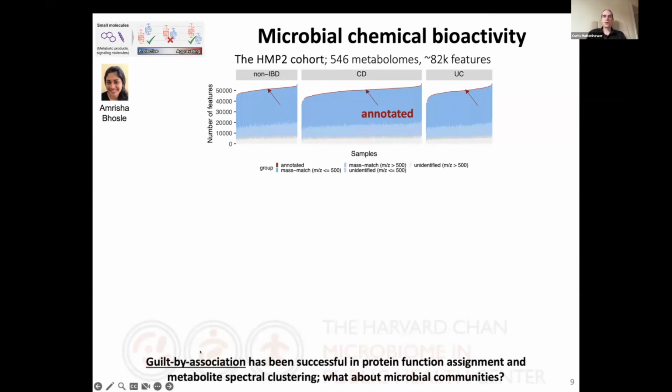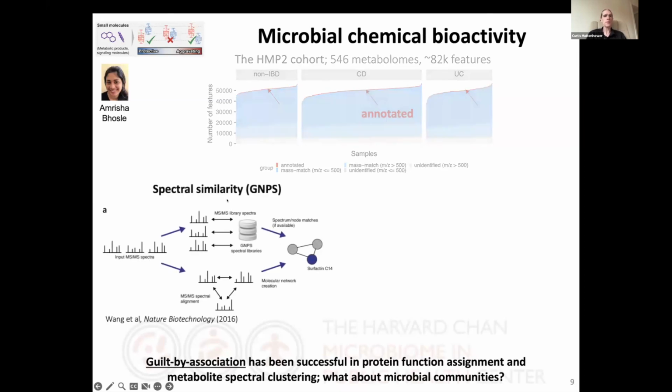One of the tricks we can use to get more information about these unidentified, unannotated chemicals is guilt by association. This has been used for protein function assignment. It's been used for certain types of mass spectrometry. For double mass spec, where we have spectral similarity, systems like GNPS use similarity among fragmentation spectra to identify related chemicals.